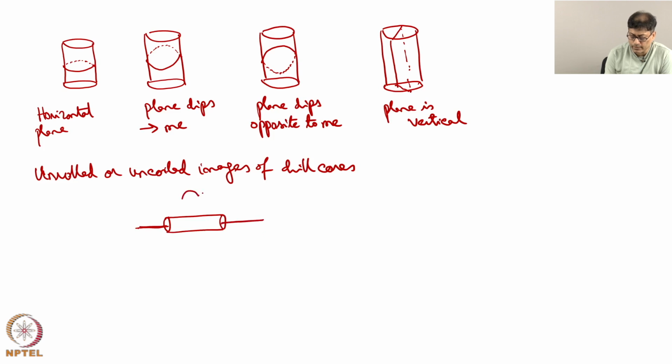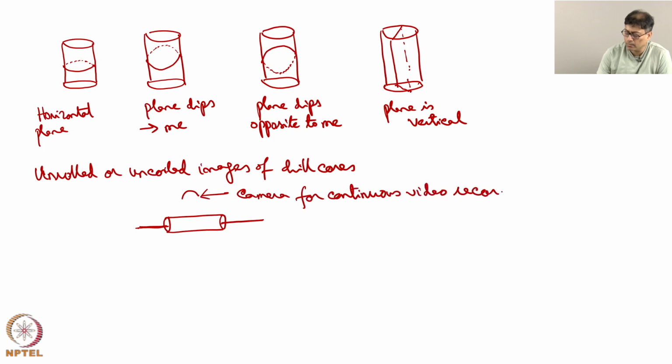Here we can put a camera for continuous video recording, and this drill core lying on a horizontal table will be allowed to rotate slowly, either clockwise or anti-clockwise, and the camera will record its surface. A video recording will be done.